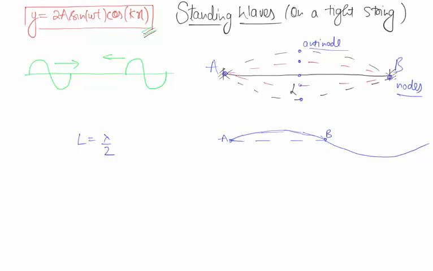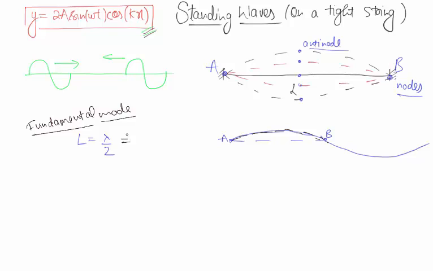This is the basic mode of vibration for the string. I can name it simply the fundamental mode. In the fundamental mode, only the length of the string is between point A and B, and we can clearly see that it equals lambda by 2.